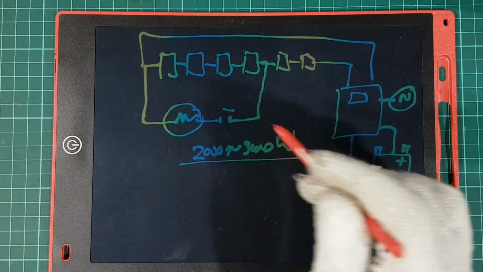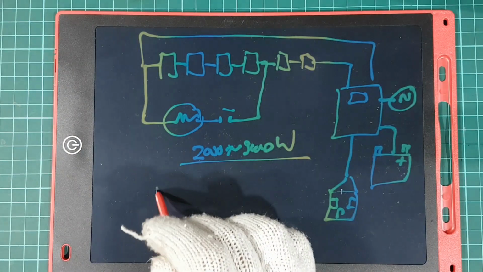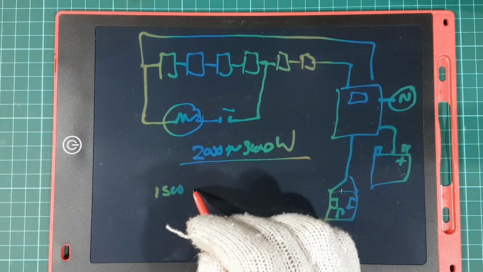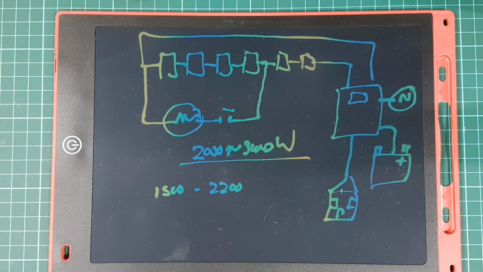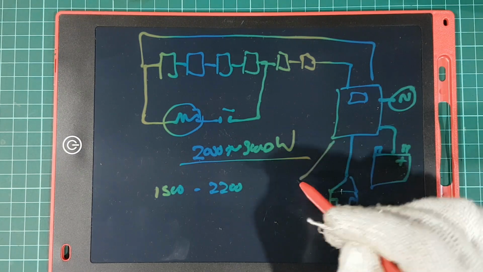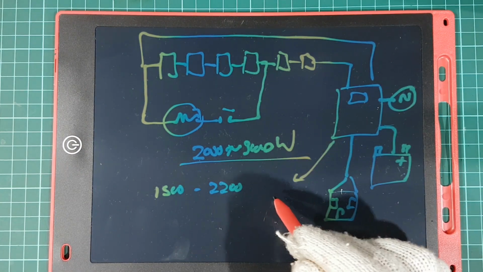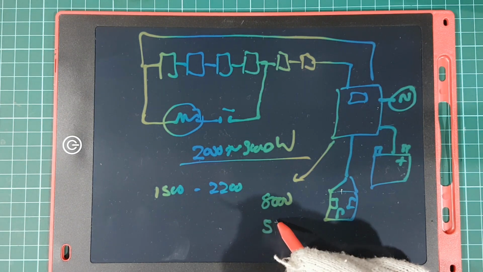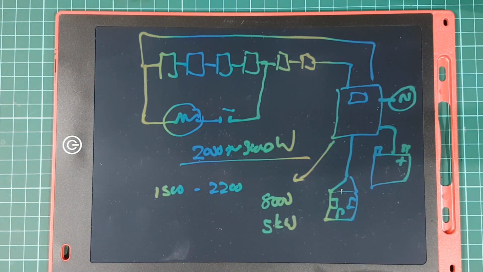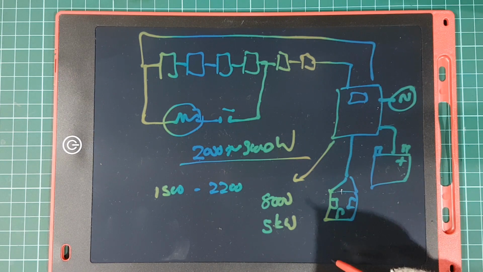In South Africa these panels are about 1500 South African rand to about 2200 South African rand. The solar controller will set you back around say 8000 South African rand for a 5 kilowatt unit, which is enough to run your house.